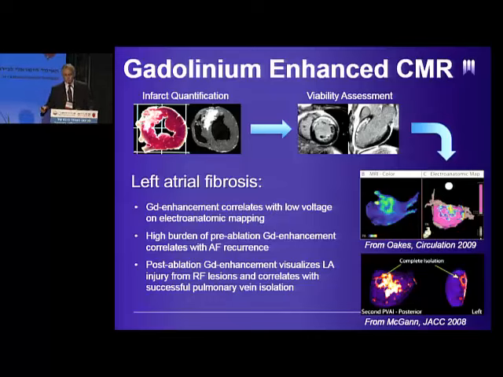The Utah group has pioneered the application of this methodology to the atrium. There are a lot of technical limitations in doing this in the atrium, and that's mostly related to the much thinner left atrial wall compared to the ventricular wall and the voxel size that we see in cardiac MRI.